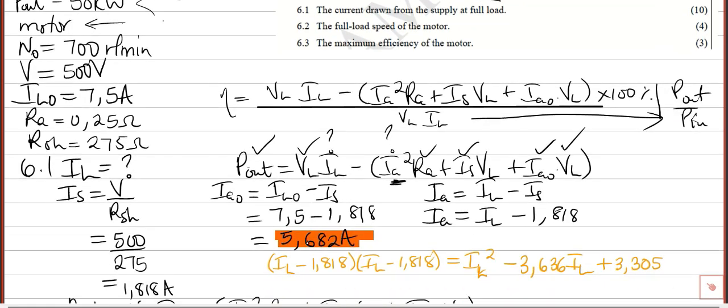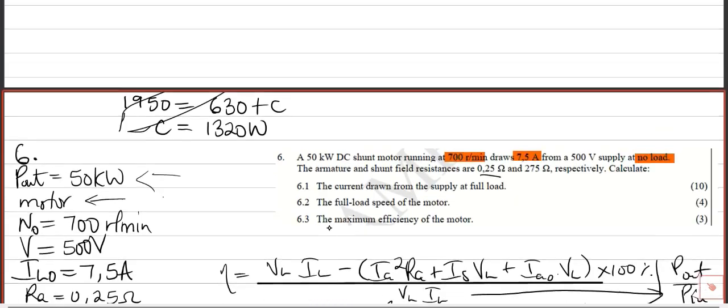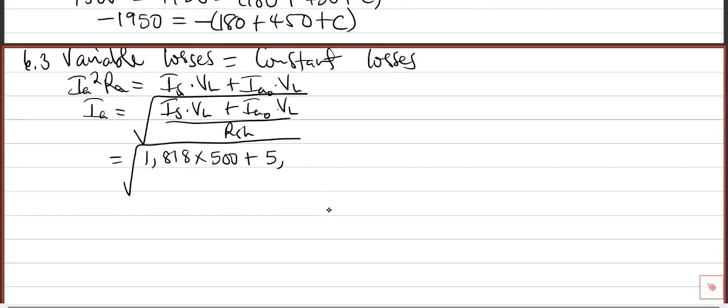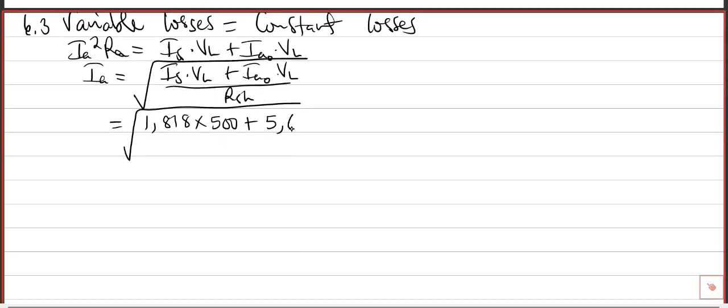We had 5,682. Sorry, 5,682 times 500 all over our R shunt. No, this is not R shunt, this is supposed to be armature current down here.